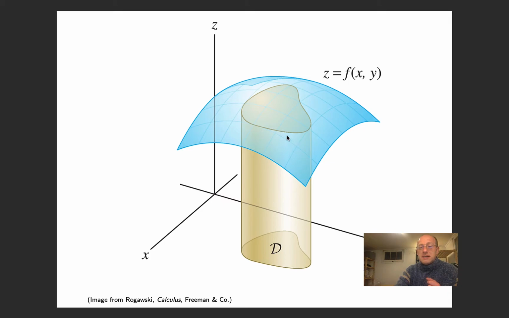It has vertical sides and a flat lower surface, but the upper surface is curved, following the graph of this function f. So that's the signed volume interpretation of integrals.